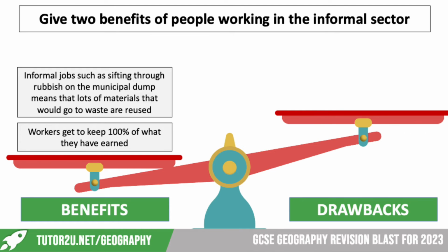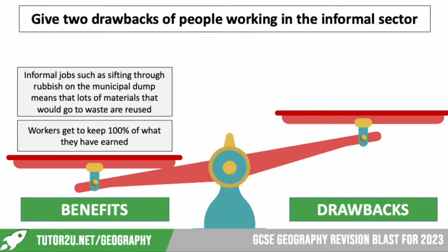And informal jobs such as sifting through rubbish on the municipal dump means that lots of materials that would go to waste are reused, and that's really important. Dharavi in Mumbai is a really good example of this, where 80% of all rubbish is recycled, which compares really favourably to countries like the UK, where on average it's about 40%, and in some cities like London it's actually lower than 20%.